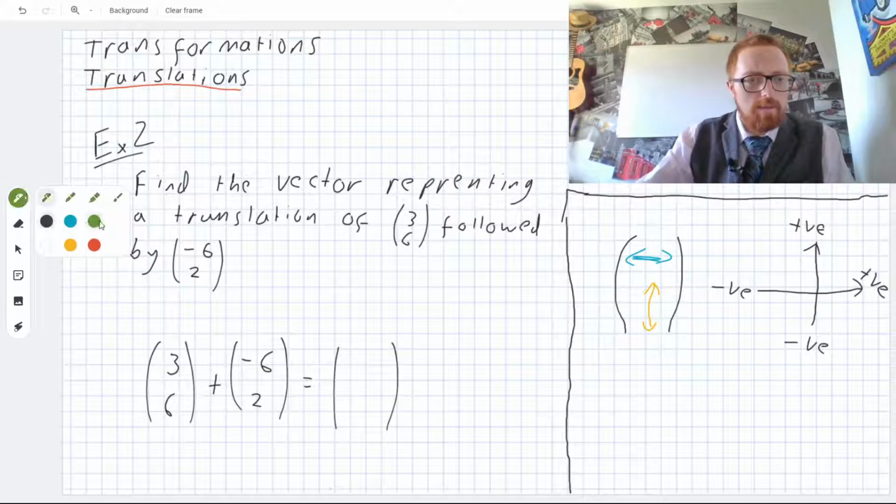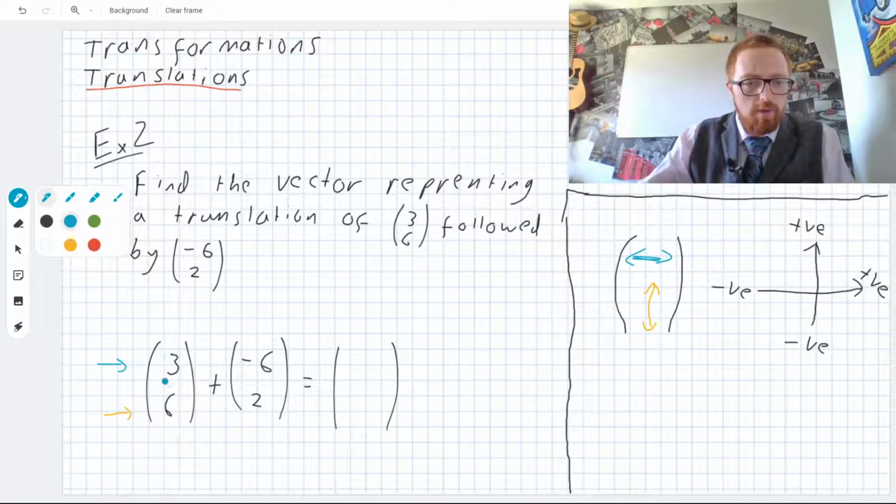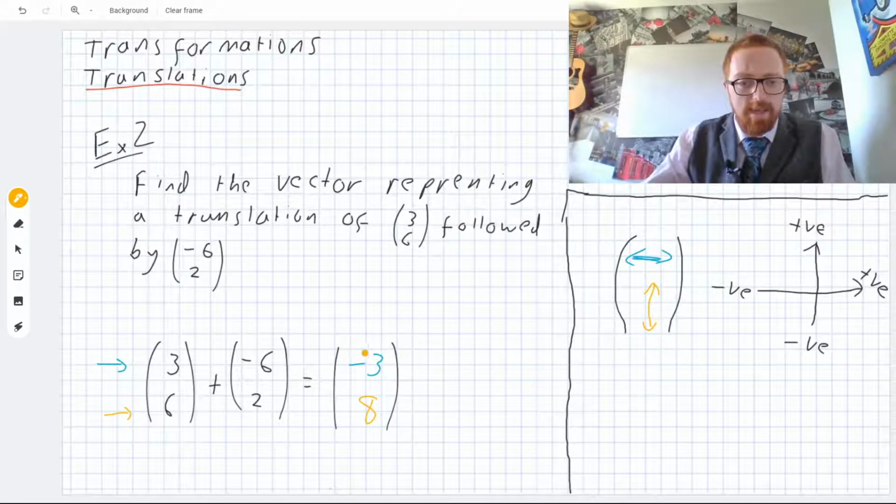We add the top numbers and add the bottom numbers. So 3 plus negative 6 is negative 3, and then 6 plus 2 is 8. So the overall transformation is negative 3, 8.